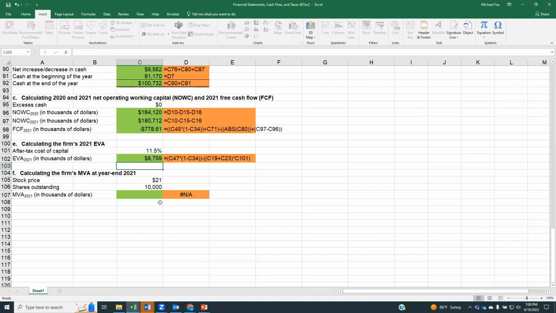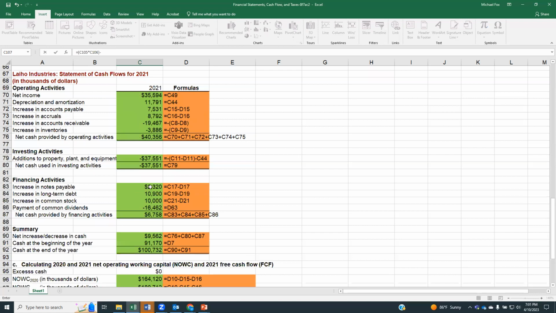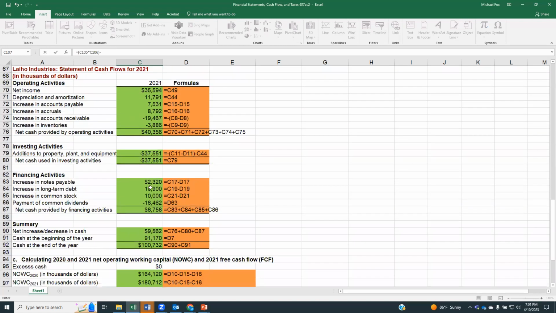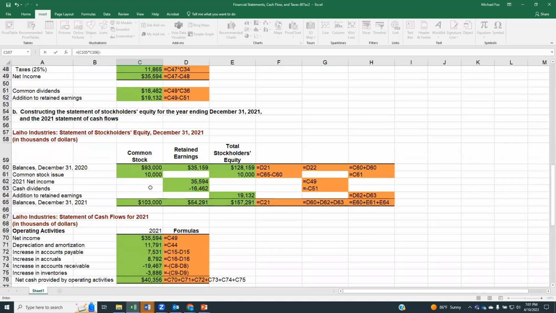Okay. So this tells us the stock price is $21 and there's 10,000 shares outstanding. So the market value of our equity is just the stock price times the number of shares. And then we subtract, if I can find it, there's so much stuff on here.